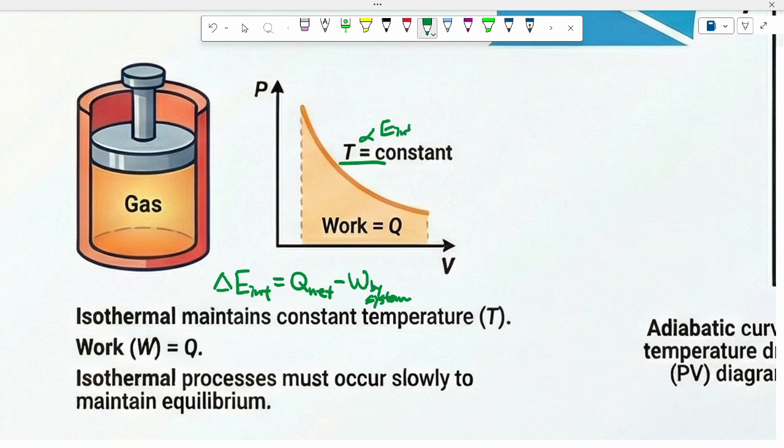In fact, if we are talking about a gaseous system like an ideal gas, temperature is proportional to internal energy. So when your temperature doesn't change, your change of internal energy is 0. And with that, on the right hand side, if this whole thing is 0, then it must mean that the net work being done by the system is equal to the net heat transfer. And that's what this is saying.